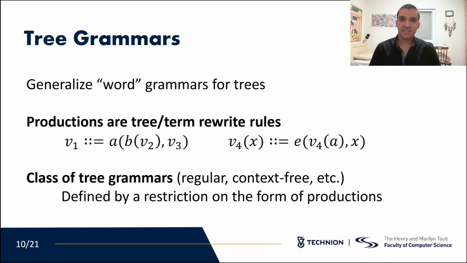The productions of a tree grammar are tree rewrite rules, where the left-hand side is a variable node and the right-hand side is a tree form with which the variable can be substituted. Like in the string case, the classes of tree grammars, like regular and context-free tree grammars, are defined by certain restrictions to the form of productions.